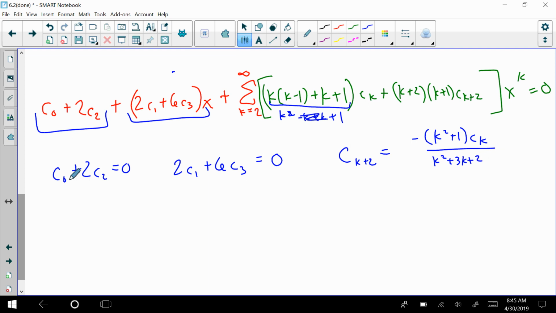I have this one solved. This one over here, you always want to solve the bigger one in terms of the smaller one. So this is negative 1/2 c sub 0. This one here, we would have c sub 3 equals, well, drag that across, divide, I'd get negative 1/3 c sub 1.